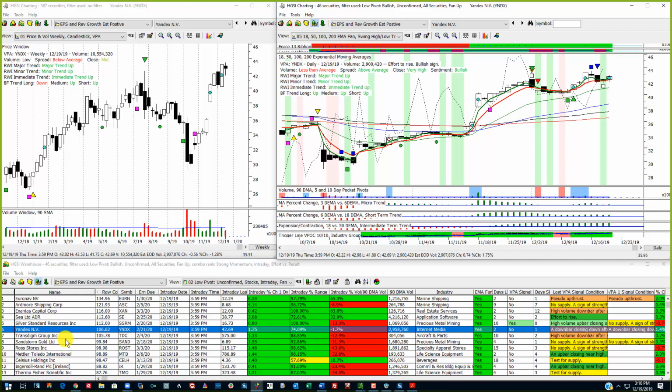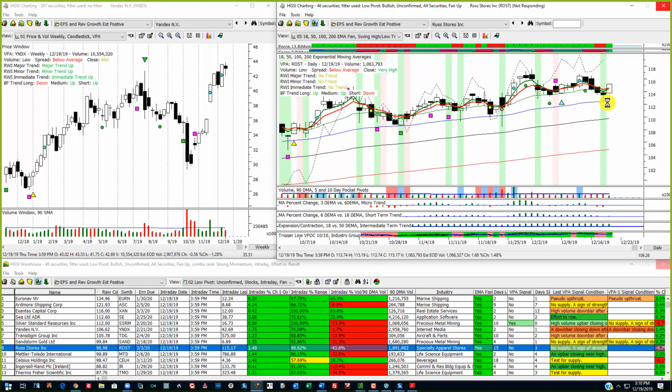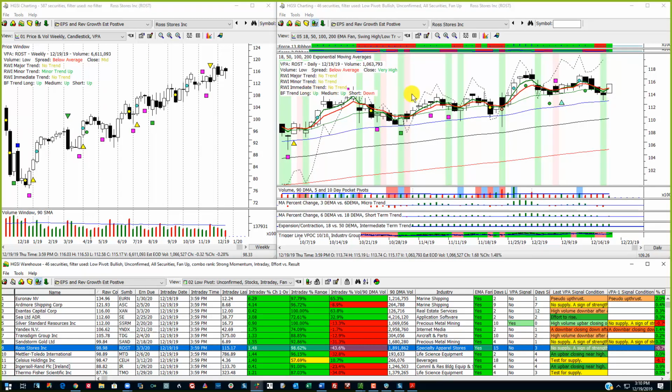This is an internet media company. Let's go to a retailer. And you can see the pivot here. This stock has really been in a long congestion mode. Here's the weekly chart.